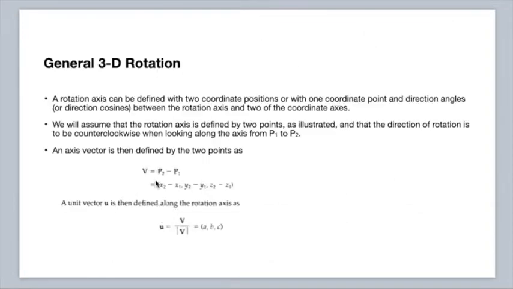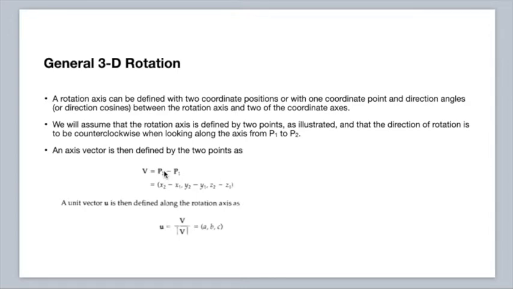That is, the values will be x2 minus x1, y2 minus y1, z2 minus z1. So this vector represents our rotation axis.